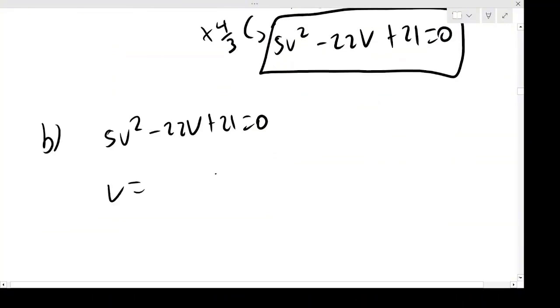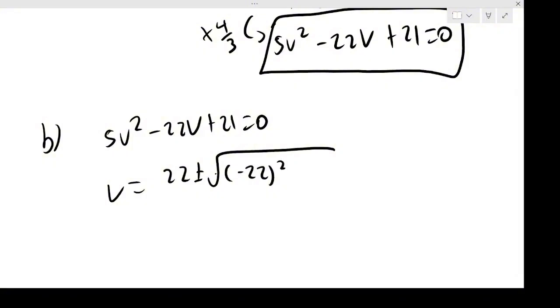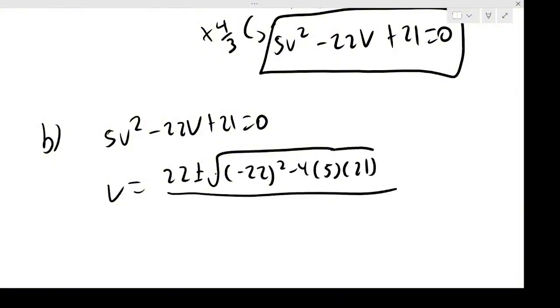So we solve this quadratic. Okay, and if we solve that, we get v is 3, or v is 1.4.